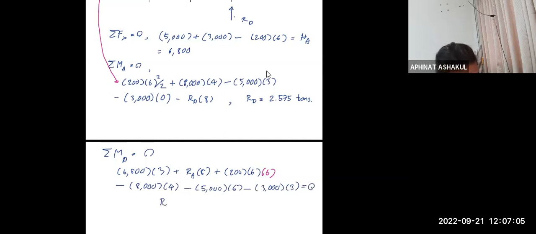From this, you get RA equals 5.425 tons. Okay, and then you sum them up. It's equal to 8, so we are in good shape.